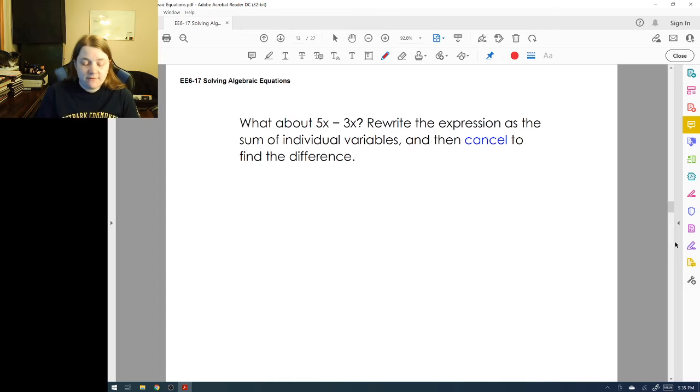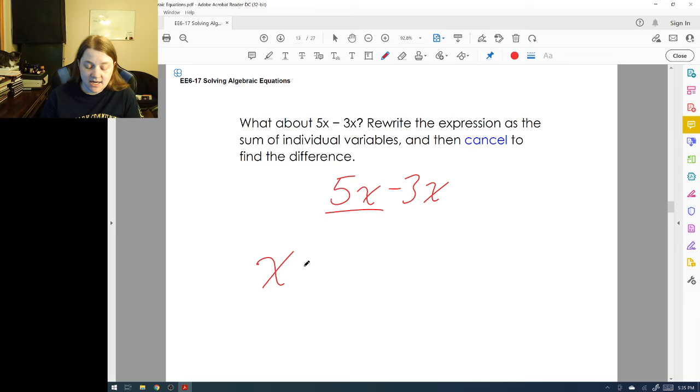So what if we have 5x minus 3x? Well, let's take care of this just by writing out each and every x. The first thing I have is 5 x's, so that's x plus x plus x plus x plus x.